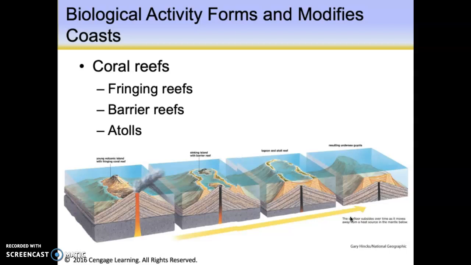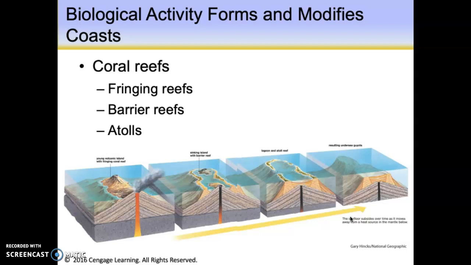Under the right conditions, so if the water is clear enough and the area is not dominated by one of those land-based processes like rivers or a volcano or something, then life can move in and create a reef, which is essentially a pile, usually of calcium carbonate shells. Modern reefs are mostly coral.